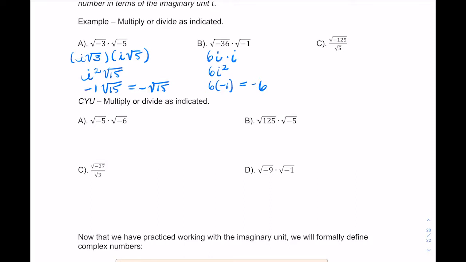Okay, so I'm going to have to make that the square root of 25 times the square root of 5 times the square root of negative 1. So we know that the square root of 25 is 5, and the square root of negative 1 is i. So right now this would be 5i root 5, and then divided by root 5. And the root 5s are going to cancel out, and you're left with just 5i.